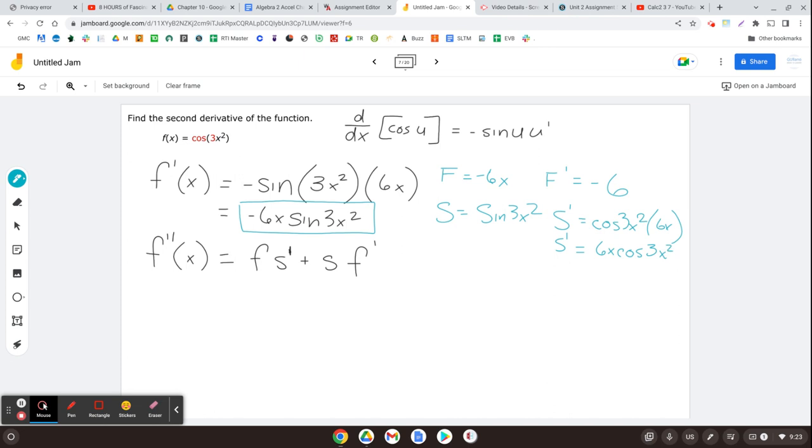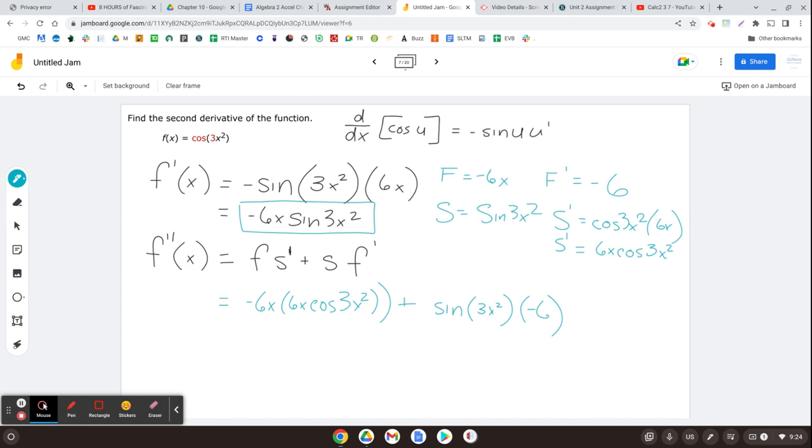So far, so good. So now this is why I take my time to do that step. Now I can write it as first negative 6x times the derivative of the second, 6x cosine of 3x squared, plus second sine of 3x squared times the derivative of the first, negative 6.